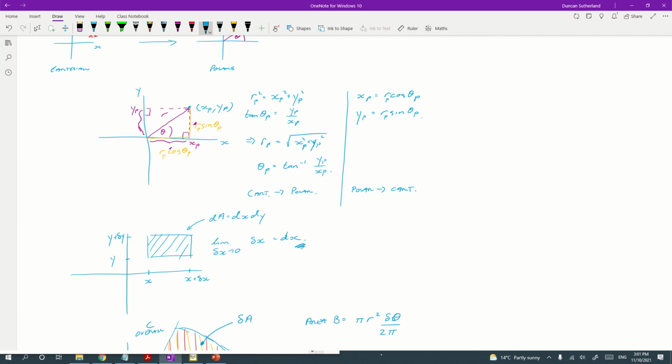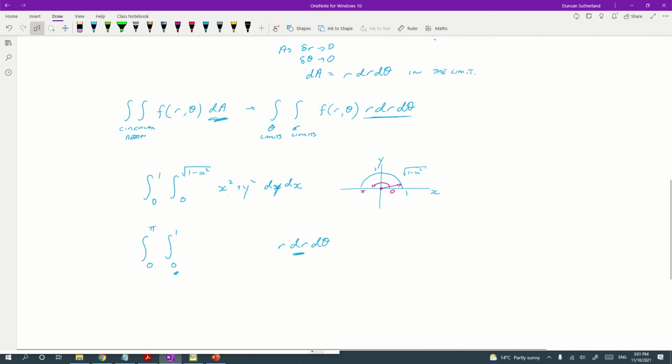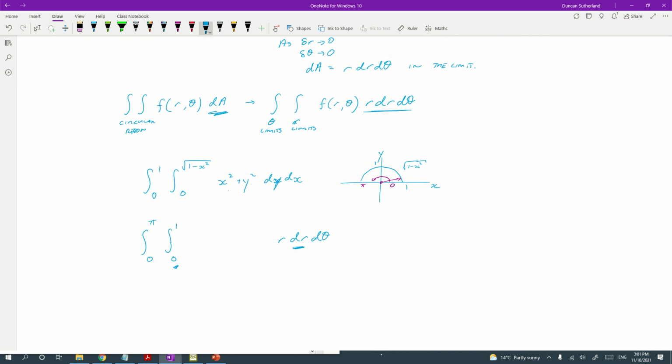So we can either substitute x equals r cos theta, y equals r sine theta, and recall that sine squared theta plus cos squared theta equals 1. Always, that's an identity. Or we can note that x squared plus y squared is r squared. So we're going to get r squared there. So we have to do this integral of r cubed over this region.